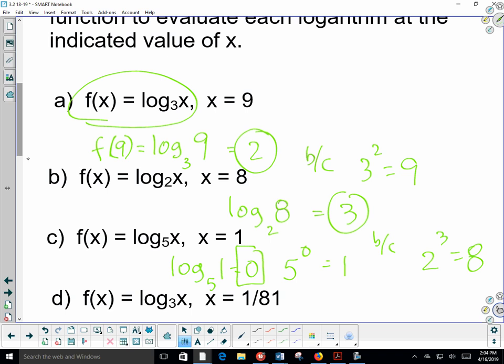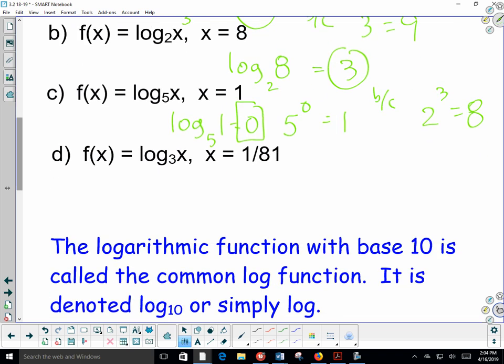All right, what about this one? How about log to the base 3 of x when x is 1 over 81? So I would like log to the base 3 of 1 over 81. What's that going to be? Can you help me out with that, Nora? So we're trying to figure out 3 raised to what power gives me 1 over 81.